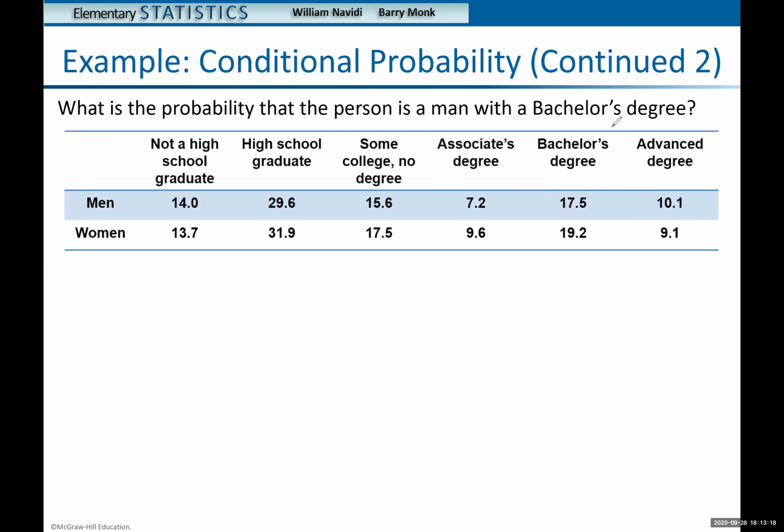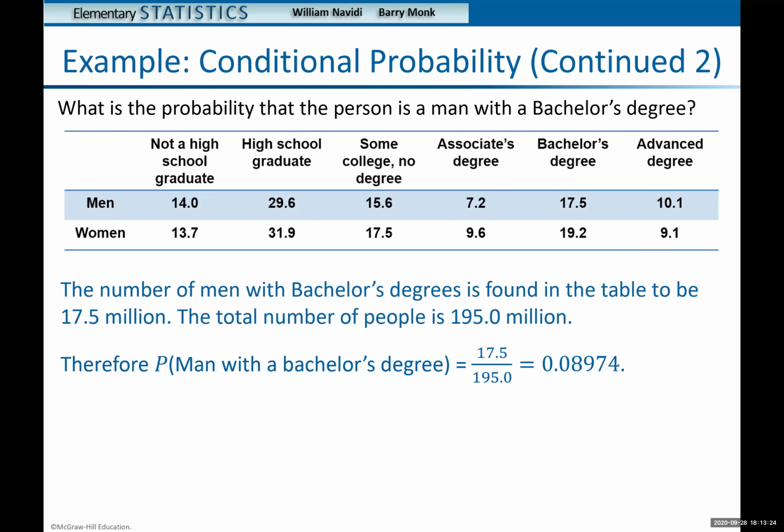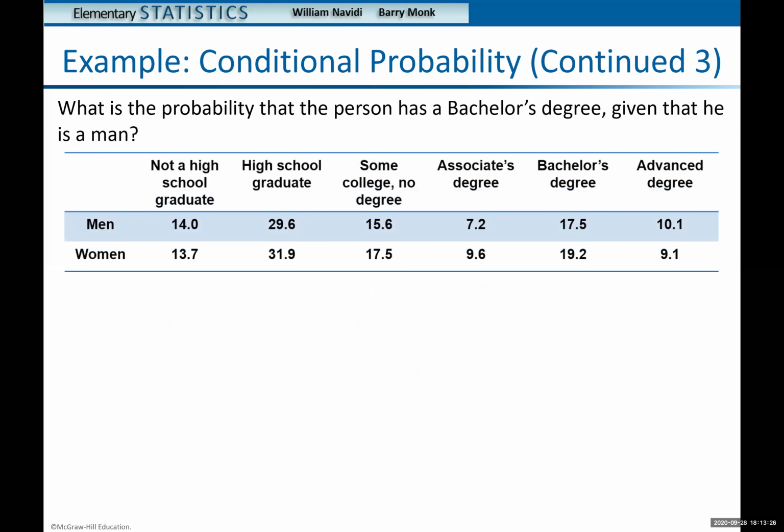Okay, next one. This time it is a conditional probability, and this is what 5.3 is all about. What is the probability that a person has a bachelor's degree given that he is a man?